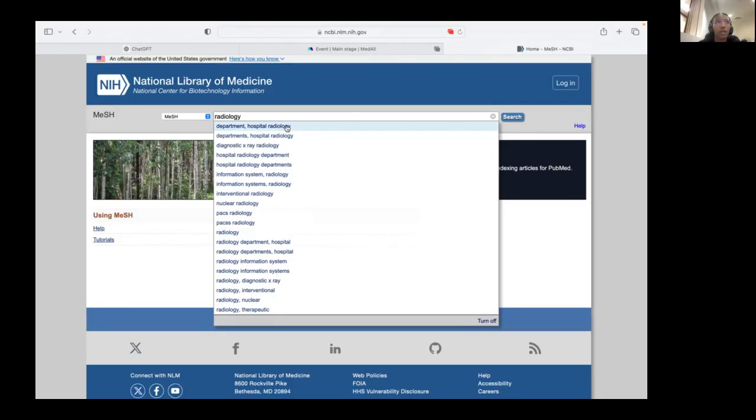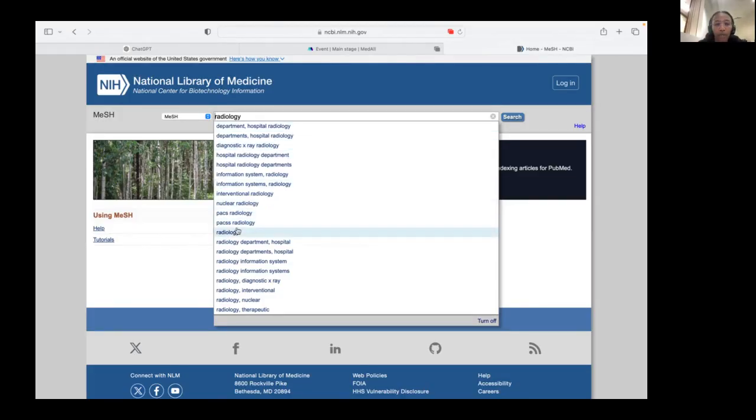So when you're searching in a data set or a database, we have what's called MeSH terms. A MeSH term is basically a very general, broad term for a word or a concept. Once you include a MeSH term in your database search, it would include a lot of other subsets.